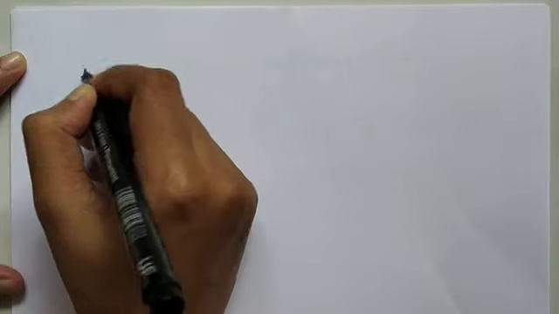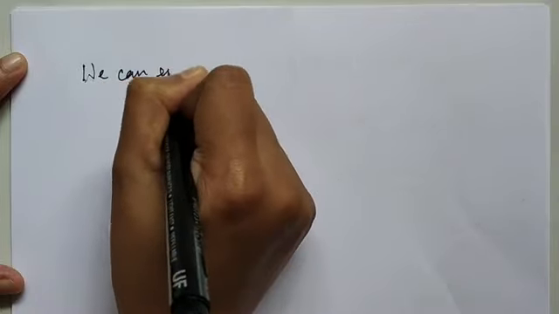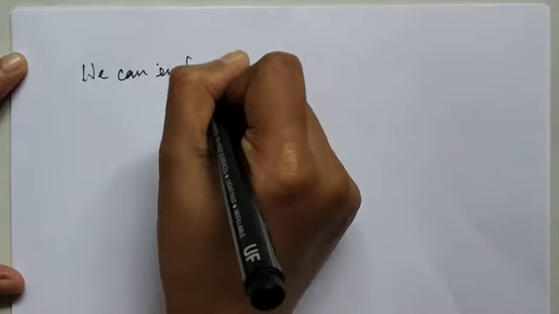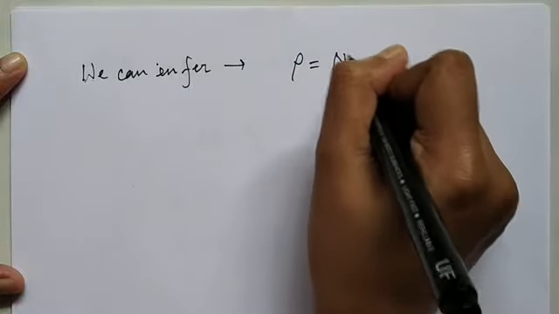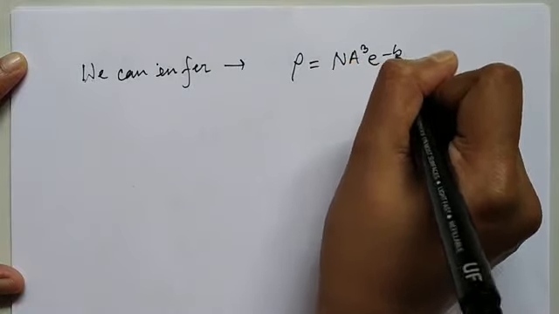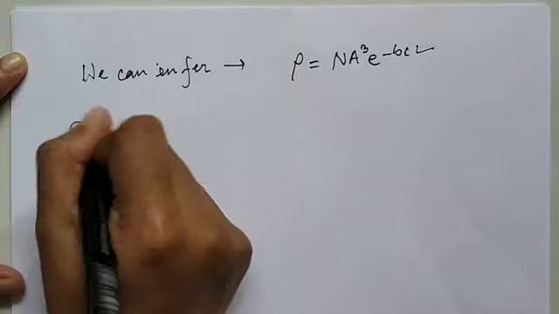So what we can infer from this equation, rho equals n a cube e to the power minus b c square.